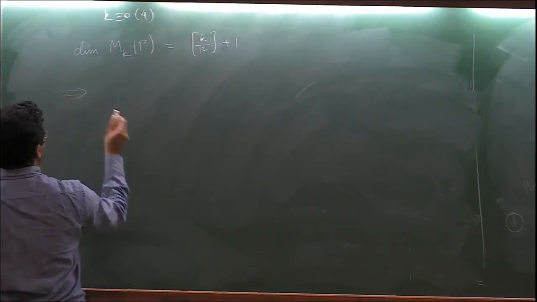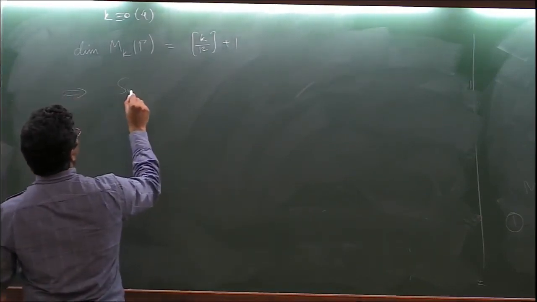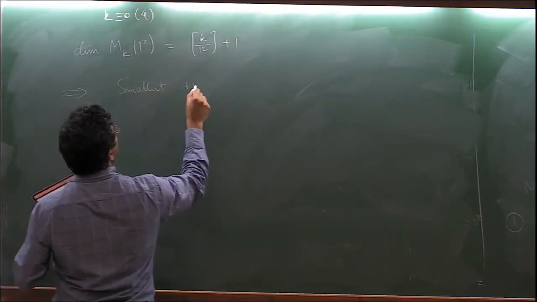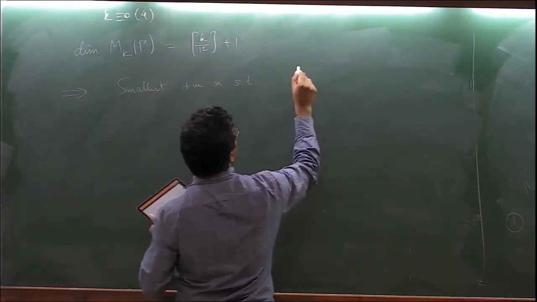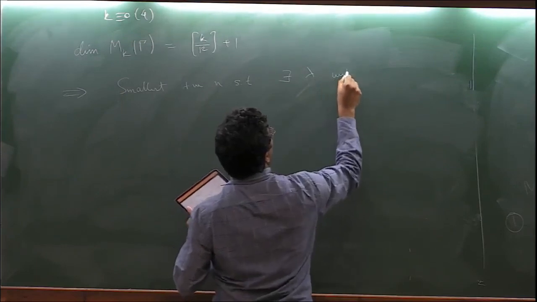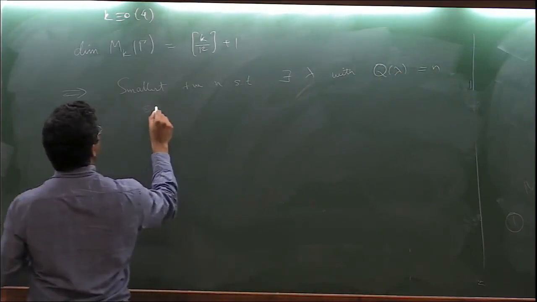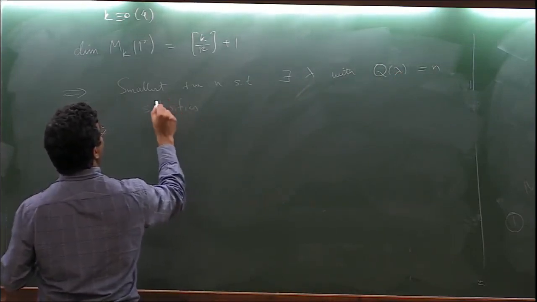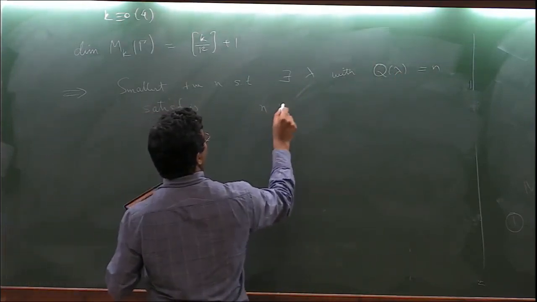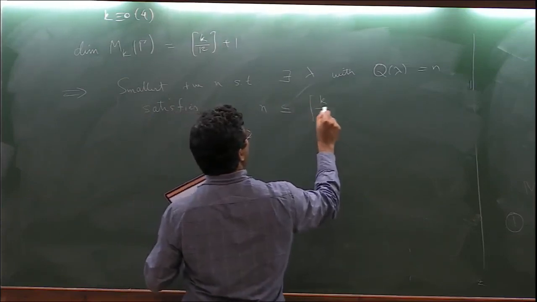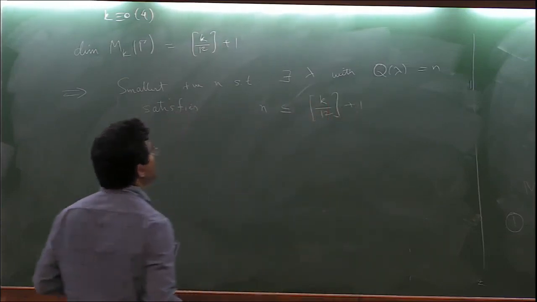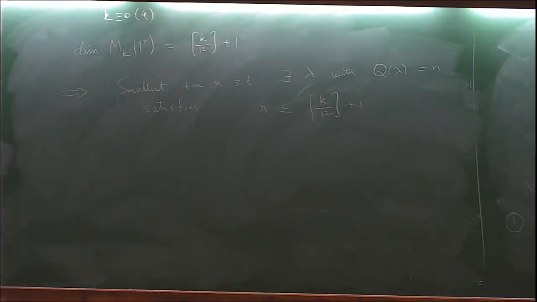So this implies that the smallest positive n such that there exists lambda with q of lambda equal to n satisfies n less than or equal to k by 12 plus 1. Okay, so this is the smallest possible non-constant Fourier coefficient of this.